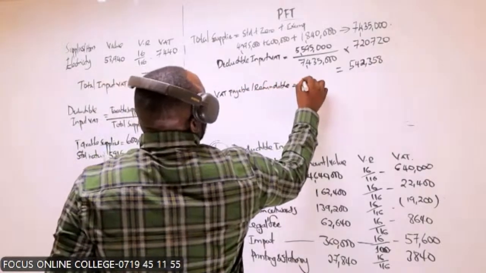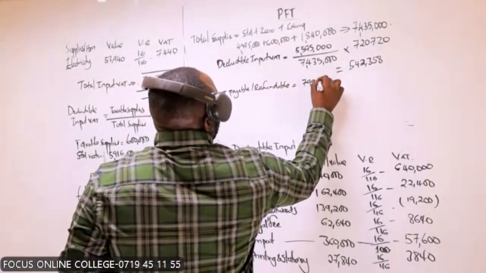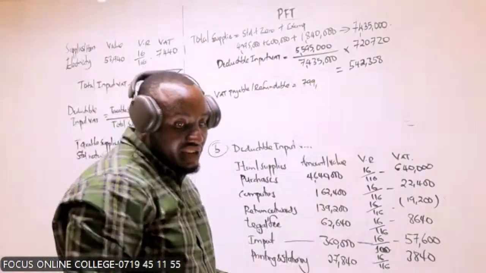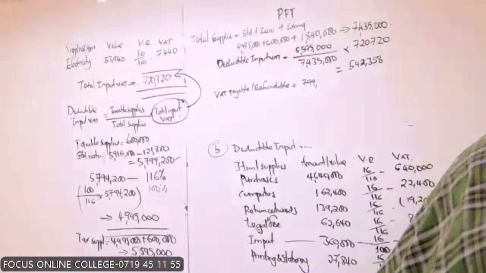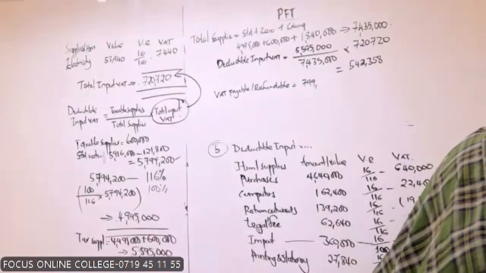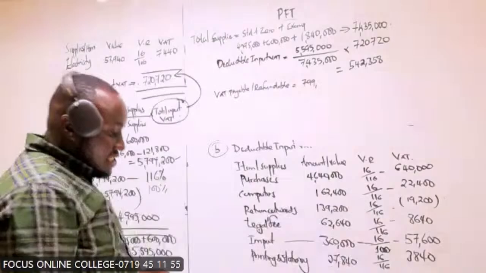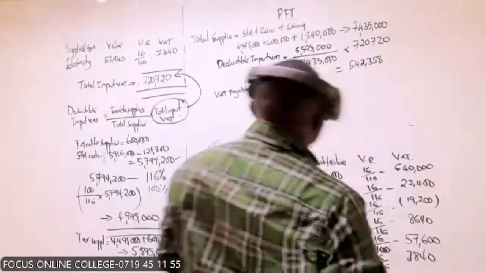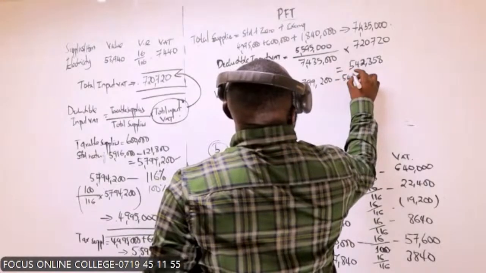That should be output VAT. It was 799, what was it? Minus deductible. What was it? 799? Tafadhali, 799? 200 minus the deductible, which is 542,358.